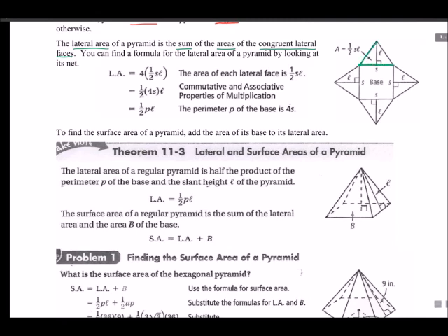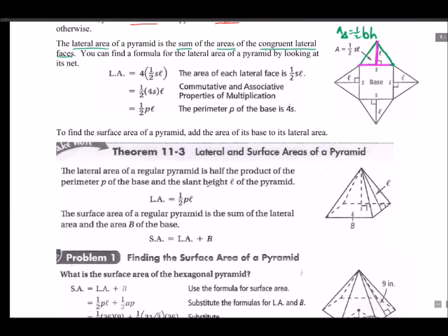So let's take a look at this triangle. How do we find the area of a triangle? Well, the area of a triangle, you know, is 1/2 base times height. Let's take a look at the height here. What is the height of this triangle? This height is the slant height. And what is the length of the base?